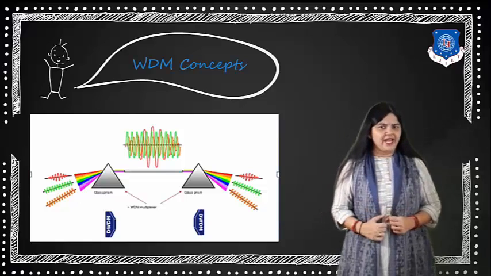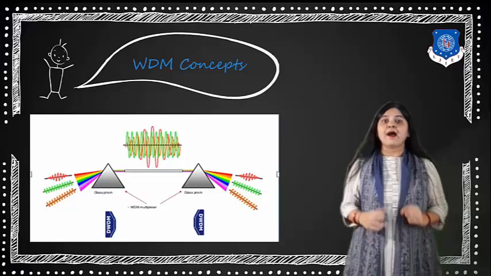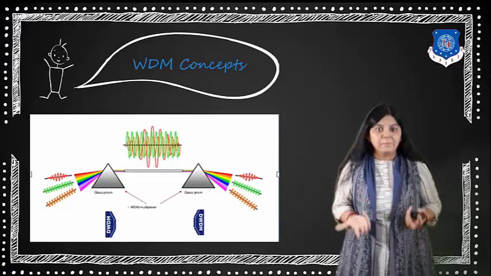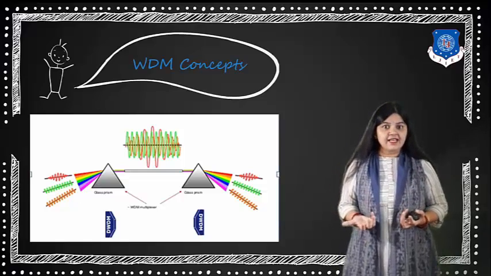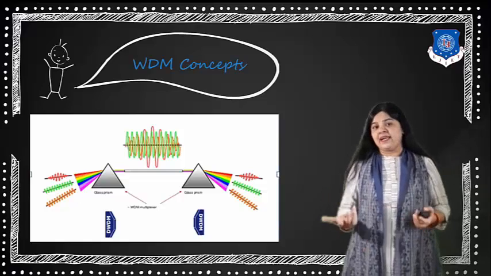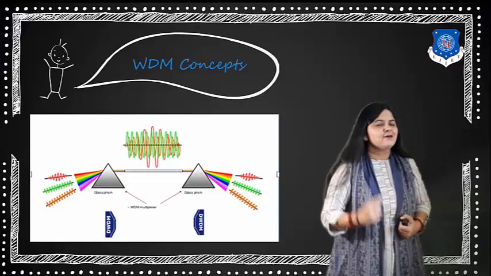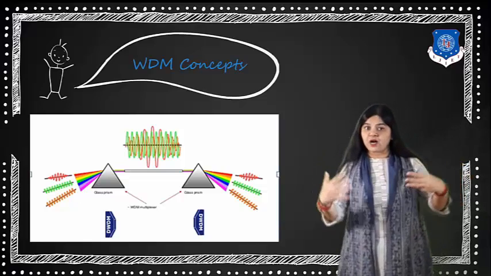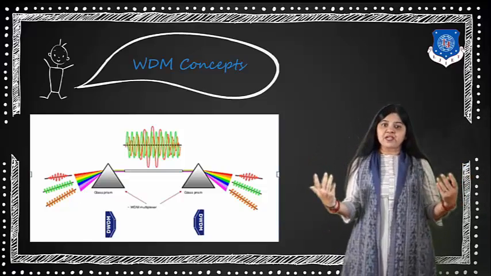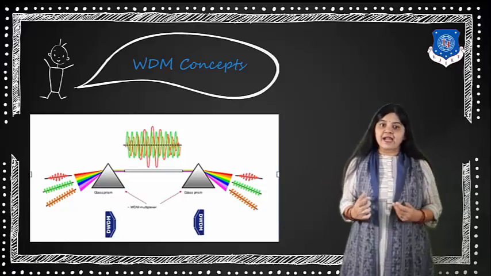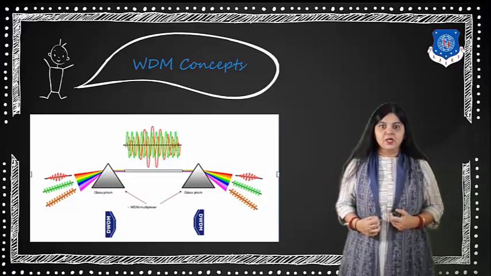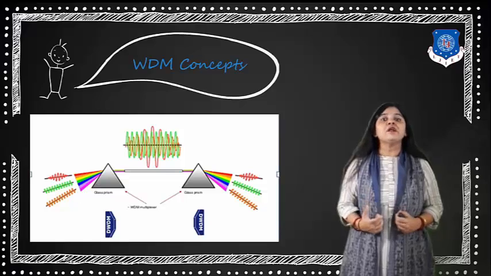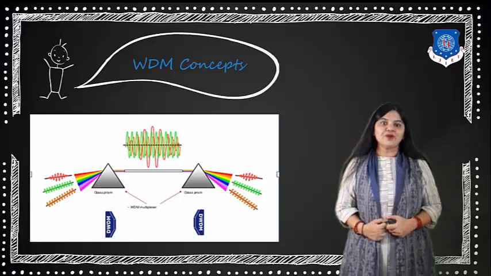Friends, in your mind there might be the question: how does the prism combine the light, and how can the prism separate out the light? The basic fundamental for combining and separating the lights is refraction. Refraction is the fundamental used over here.